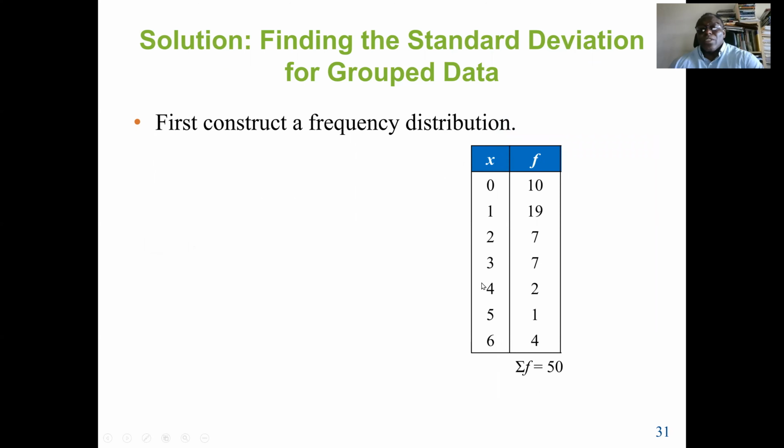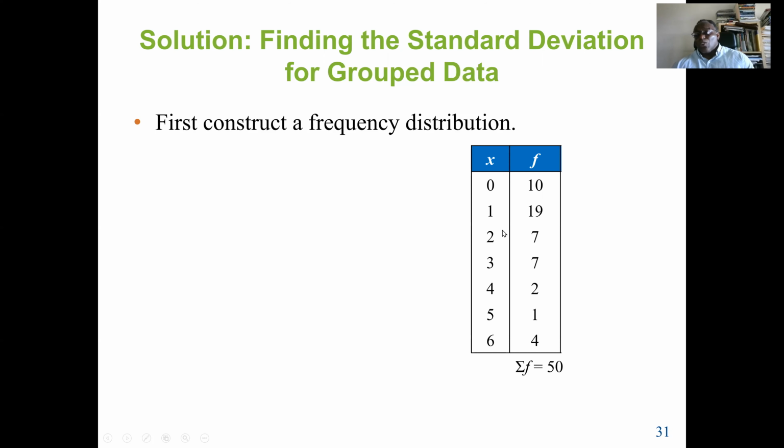So if they say we should find the standard deviation, the first thing we have to look for is the mean. We get the mean using the frequency also; the total frequency is 50. So we may say 0 times 10 plus 1 times 19 plus 2 times 7 plus, and then we keep going. 2 times 7 is like writing 2 plus 2 plus 2, 7 times, so rather write 2 times 7.